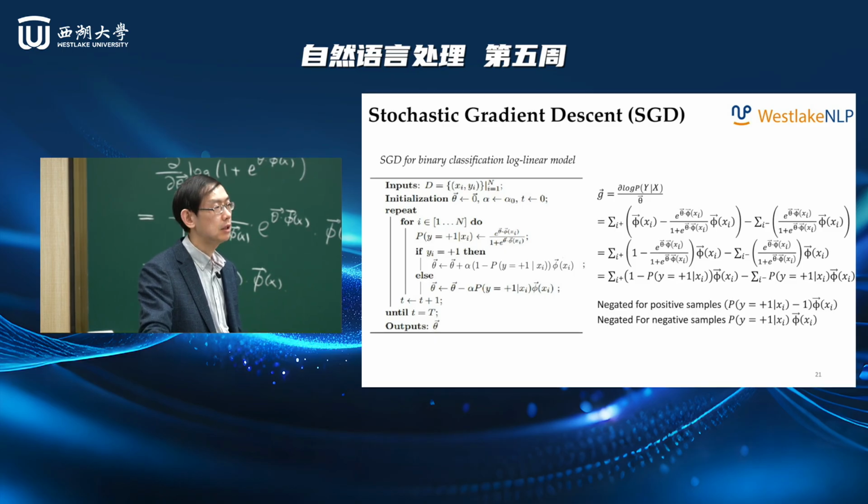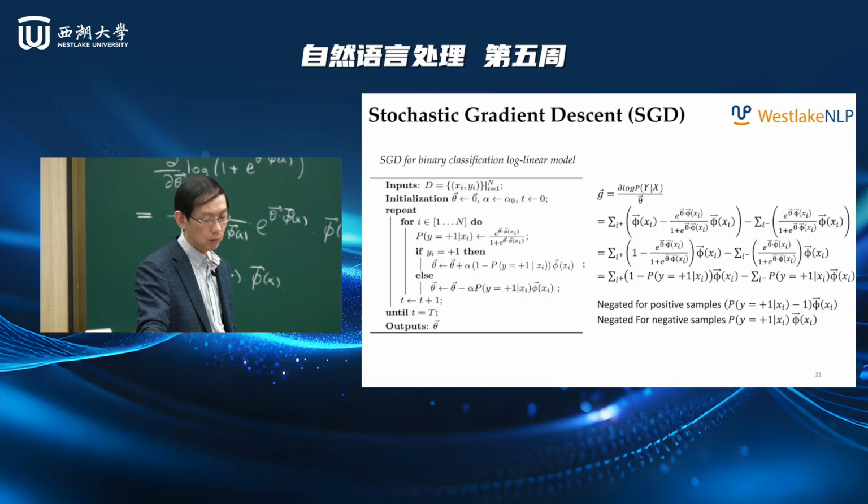For every training instance, I calculate the probability of y equals plus 1 according to the model, the sigmoid function. If the gold y is plus 1, then I use 1 minus this probability times phi x as the update, with a learning rate.